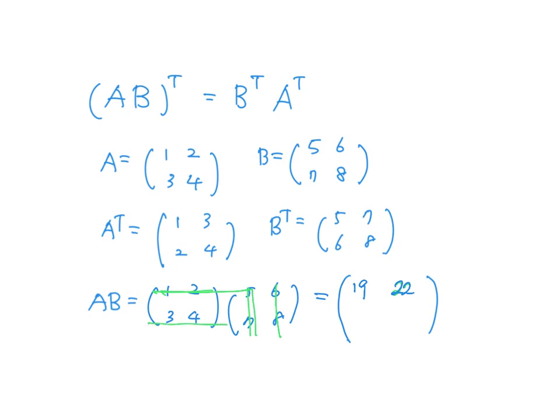The 2, 1 component is again 3 times 5, 15, 4 times 7 is 28. So 15 plus 28 is 43. And last, 3 times 6 is 18, 4 times 8 is 32. So 32 plus 18 is 50.